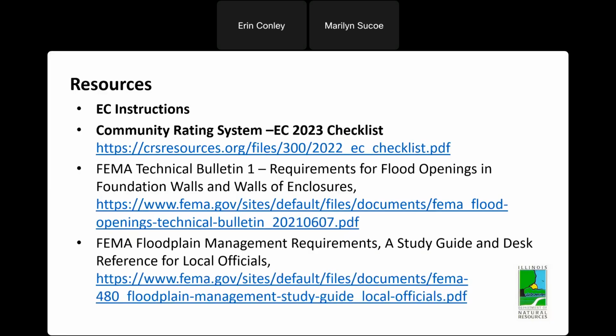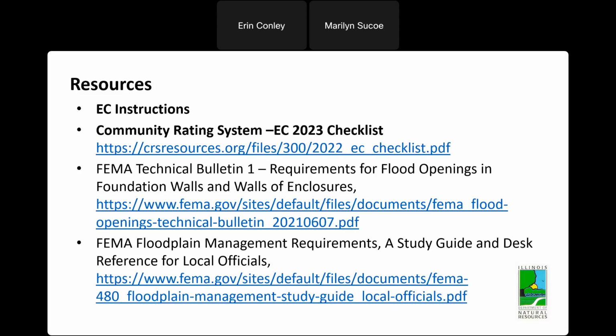So when you get the copy of the PDF of this PowerPoint, you will be able to use these links. The Community Rating System, which is the program that some communities voluntarily join to help reduce flood insurance rates in their community, is for communities that go above and beyond the minimum requirements of the NFIP.